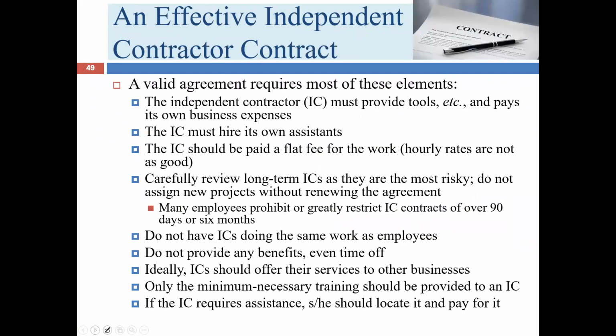So here are some things to keep in mind as you develop this contract with an independent contractor. You want to specify and agree that the independent contractor is going to provide his or her own tools and is going to pay his or her own business expenses. You might say, well, there aren't any tools necessary for this particular role. Let's say the person is being hired to be an auditor, and all he needs is a pencil, or something along those lines.